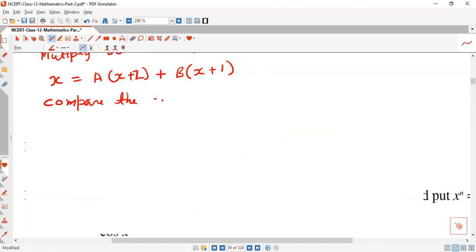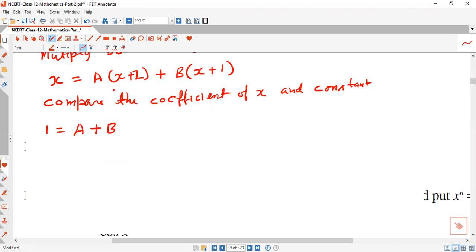The coefficient of x on the left hand side is 1, and on the right hand side we have a plus b. There is no constant on the left side, and on the right side we have the constant 2a plus b. So we have two equations, and now we have to find the values of a and b.